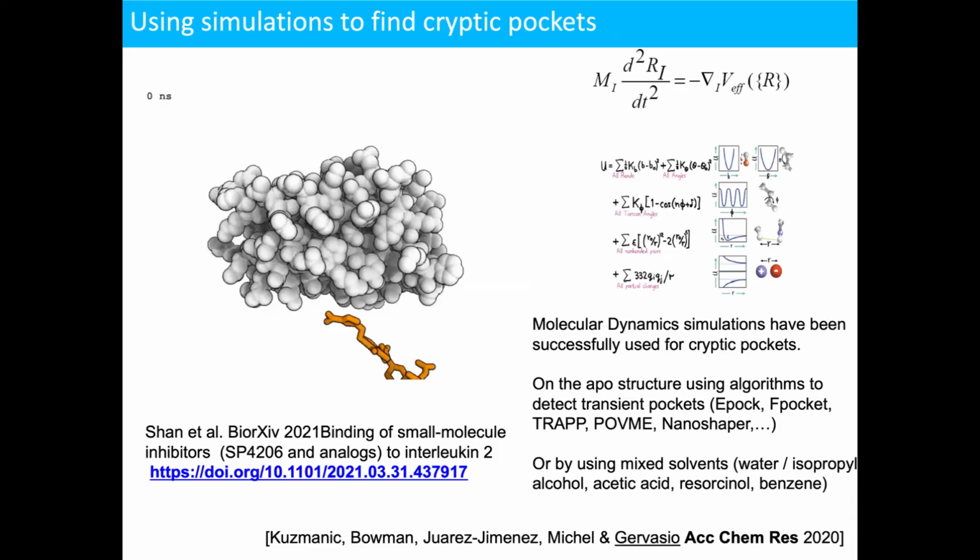So you have this mixed solvent and then all these small fragments, that can be benzene or isopropyl alcohol or this sort of small molecules, they encourage or stabilize the opening of these cryptic pockets, so they are much easier to find.